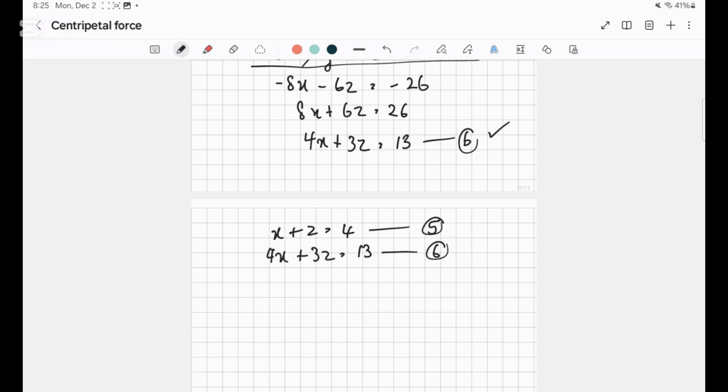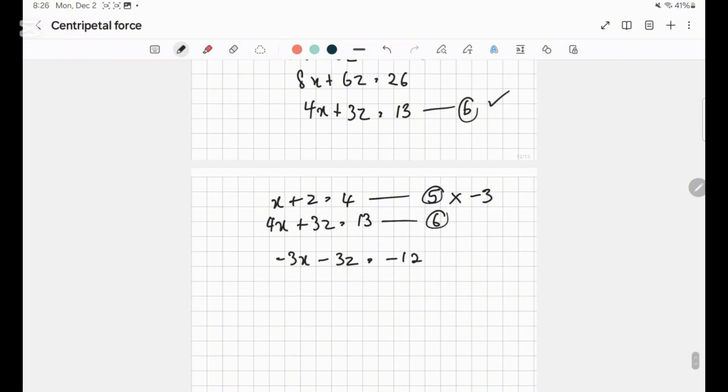You can take either x or z. I'm going to try to eliminate z. So I'm going to multiply the fifth equation by minus 3, because then I'll get minus 3z, and minus 3z plus 3z gives you 0z. So minus 3x minus 3z equals minus 12.